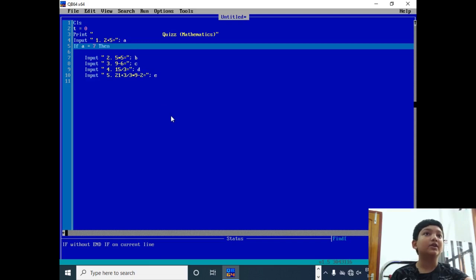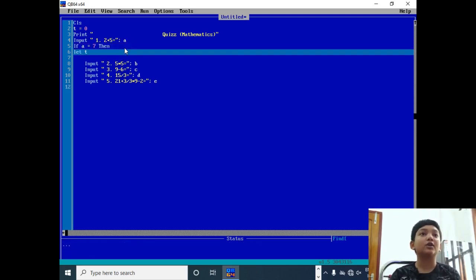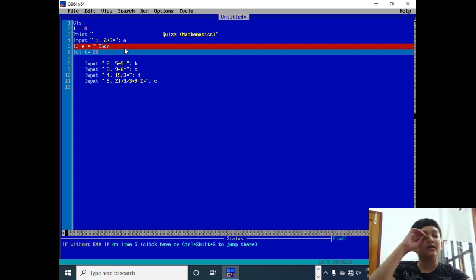Now if A is equals to 7, then let T be equal to how much? How many points will I give you? There are 5 questions. If I give you 2 points, you will get 2. Let's give 20 points. Interesting, right? 100 out of 100. No, I'm giving 2. Why is it like this?